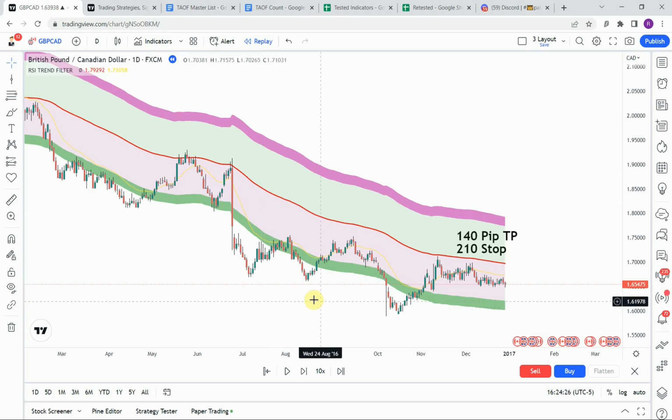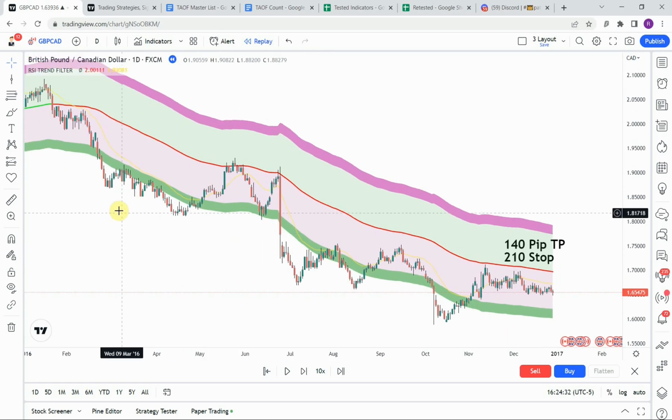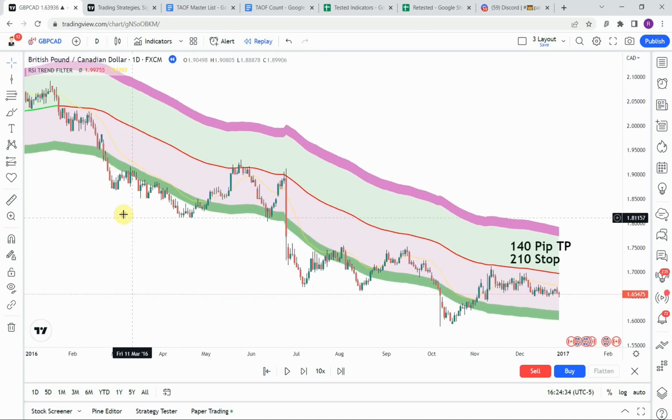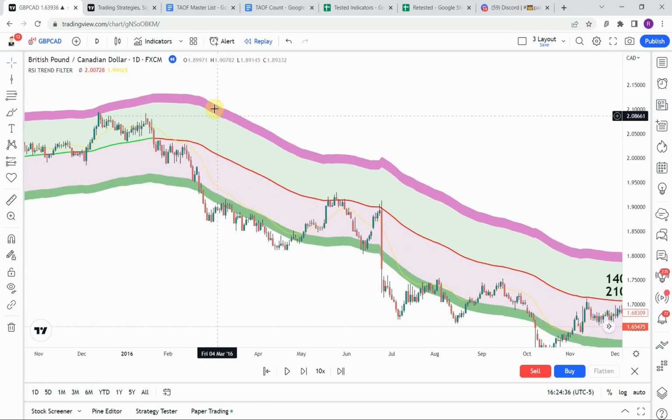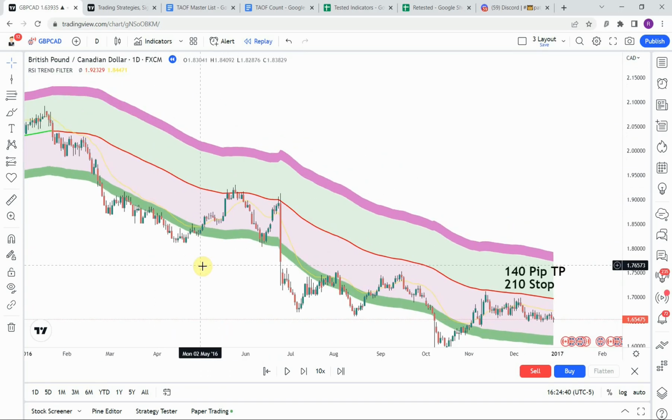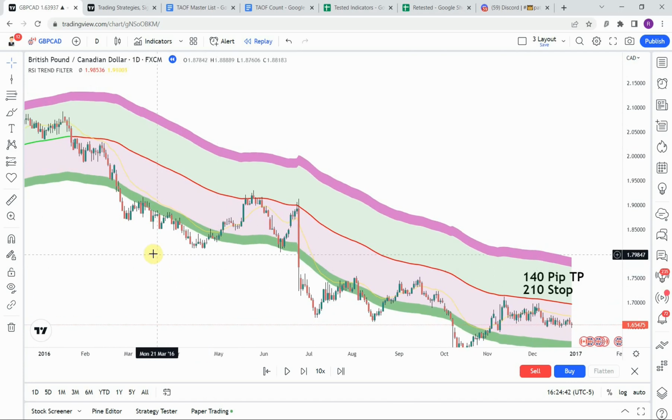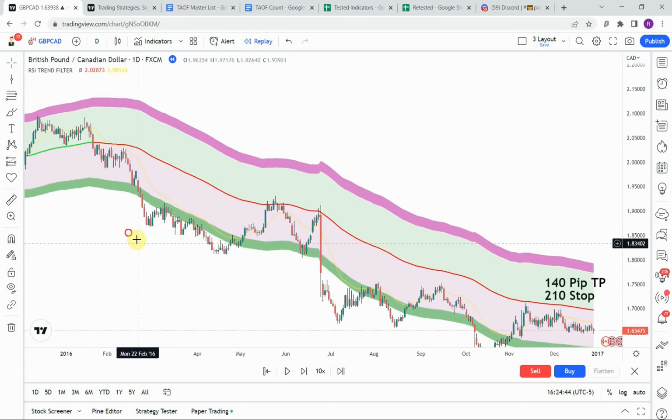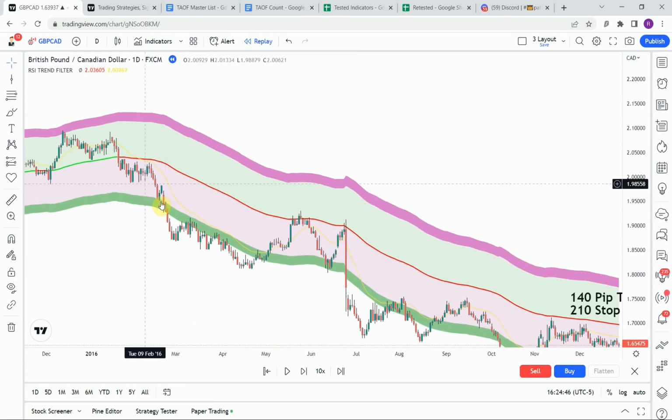I did the same with this one. I threw the RSI on screen, and it doesn't exactly line up with where the RSI hits the overbought and oversold areas.